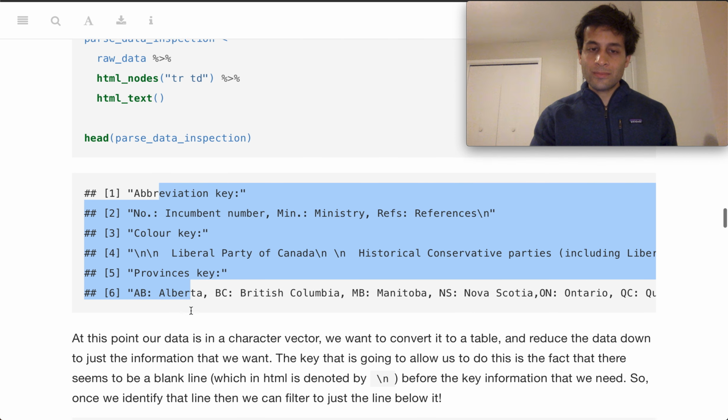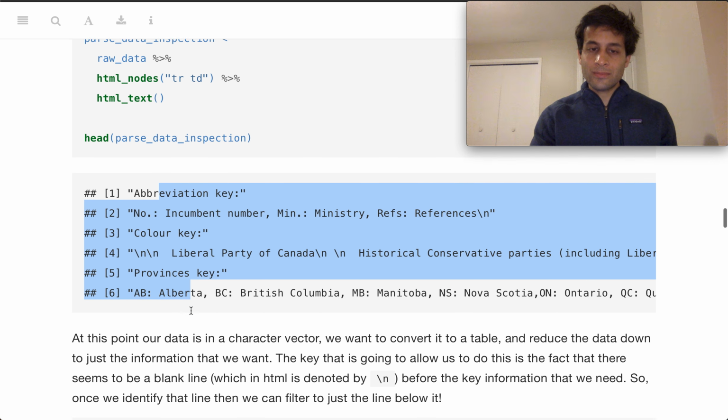So we have a character vector, and most of the tools that we've been using in this course to date have been structured around data sets, around rectangular data sets. We would like to convert our character vector to a table, and then we're going to just focus on the information that we want. Again, this is a matter of inspecting the data and looking for commonalities that we can exploit.